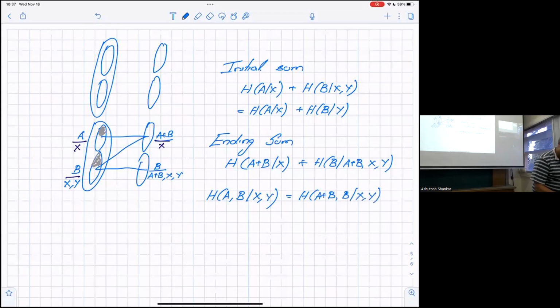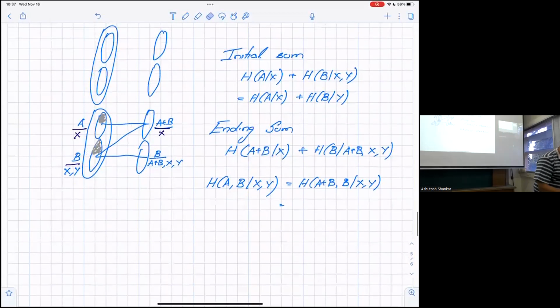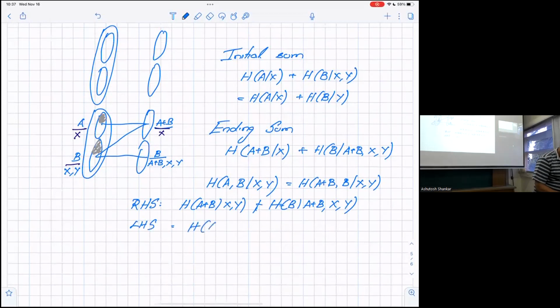So the right hand side is exactly h of a plus b given xy plus h of b given a plus b, xy. The left hand side is h of a given x comma y plus h of b given a comma x comma y.